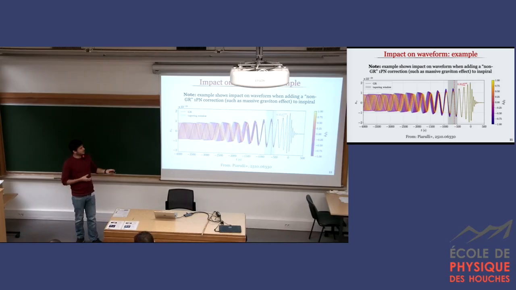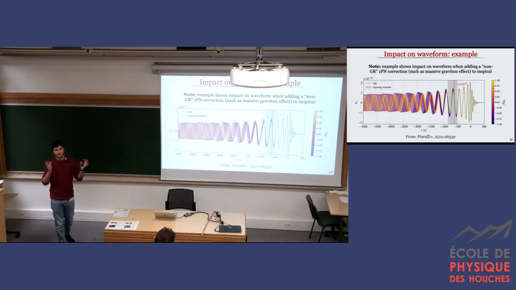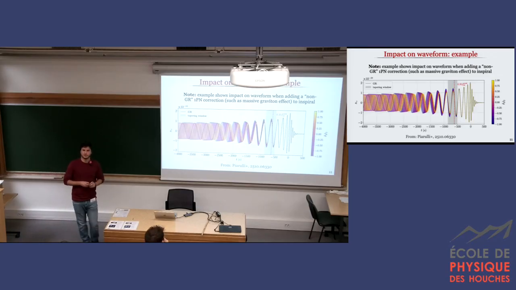That's the same if you only do tests with the ringdown, right? If you only do tests in the ringdown, you are forgetting that the theory might also modify the inspiral. So it's a useful way, but there are caveats about it, and at the end of the day, you might say it's a bit more conservative. The constraints that you put are a bit more conservative than what you'll probably get if you are considering a full theory.